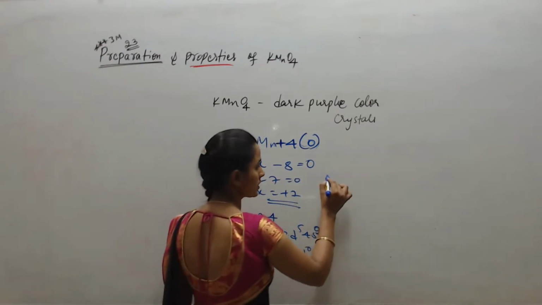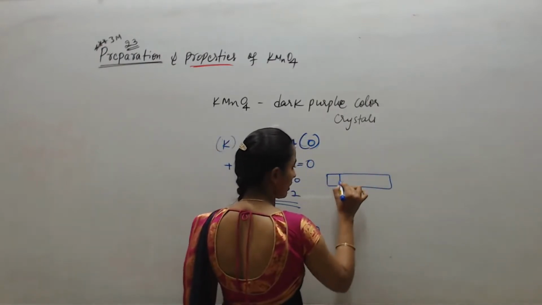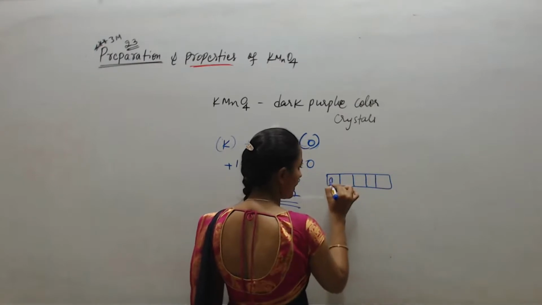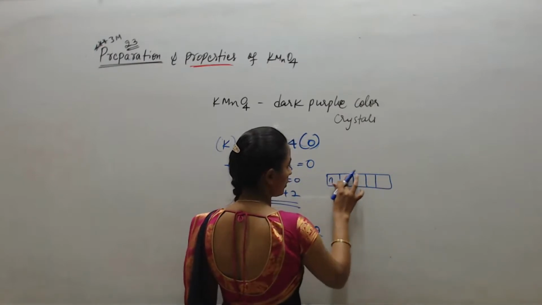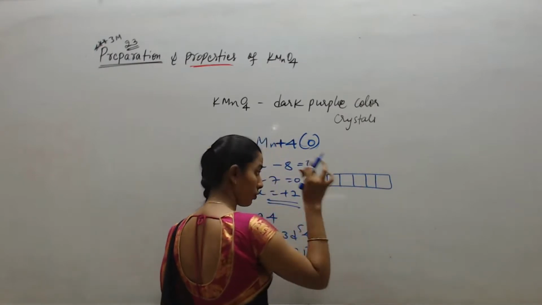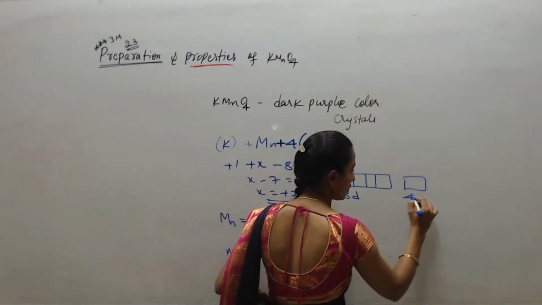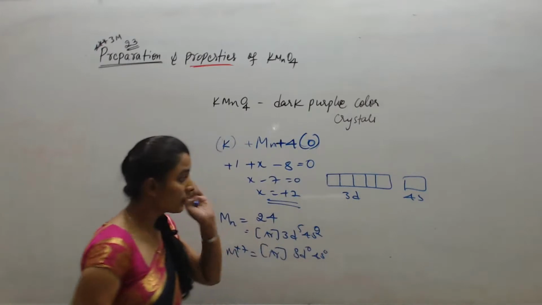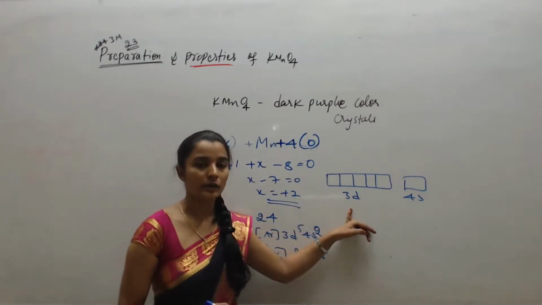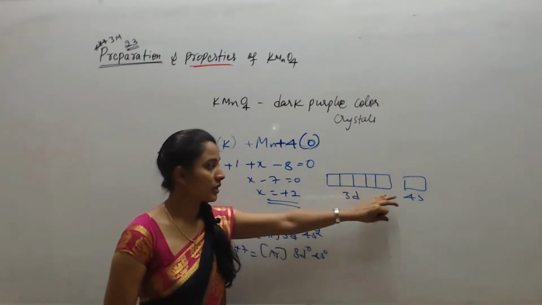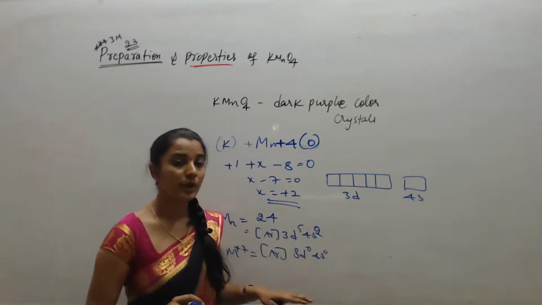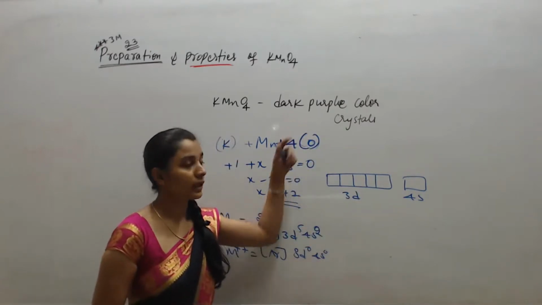So here students, if we consider the box diagram, there is no unpaired electron. The 3d orbital is 0, 4s orbital is also 0. Even though there are no electrons in the d subshell and the s subshell, and no unpaired electron, it is purple in color.